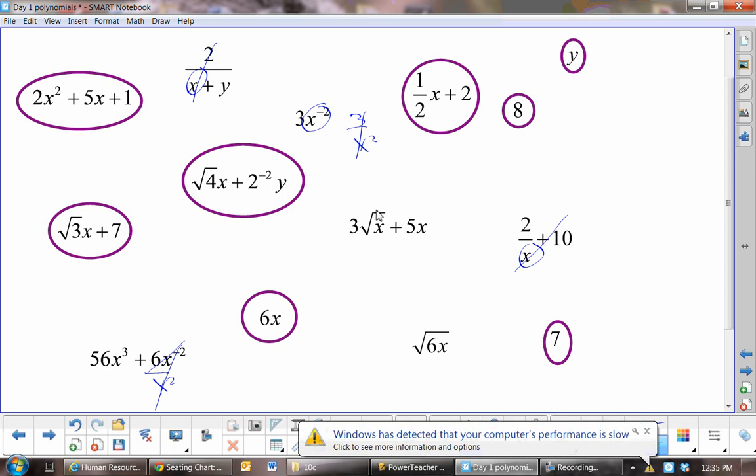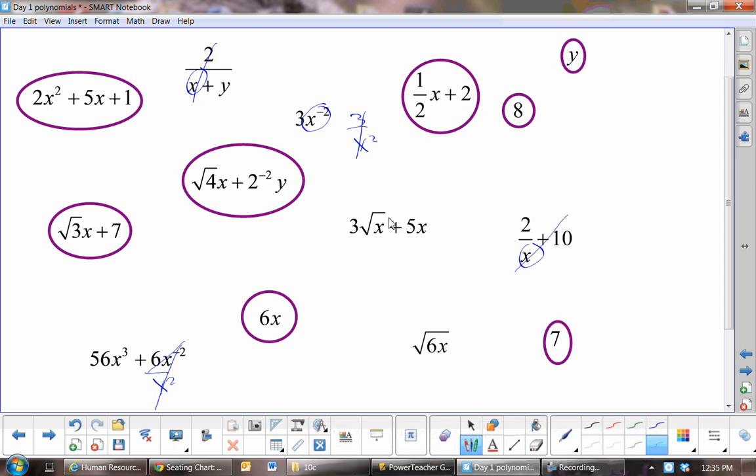Okay, does anybody know another way to write this? We did a whole unit on it. X to the 1/2. So this is the same thing as 3x to the 1/2 plus 5, right? We did a whole unit on it, right?